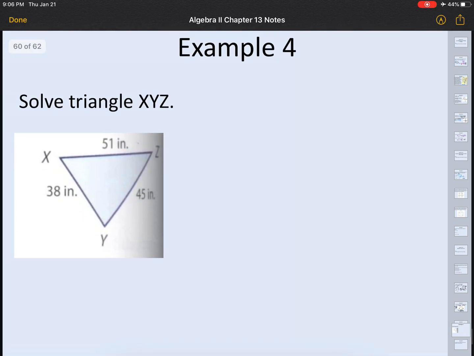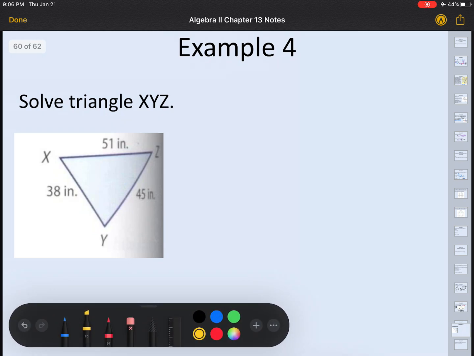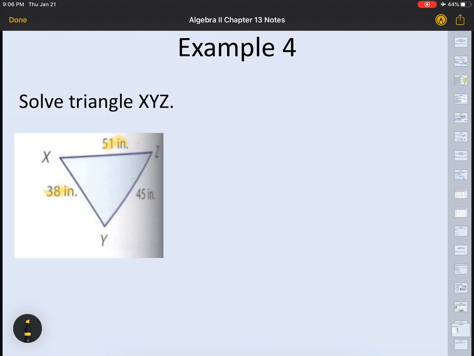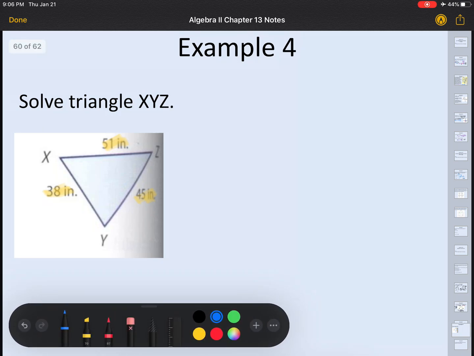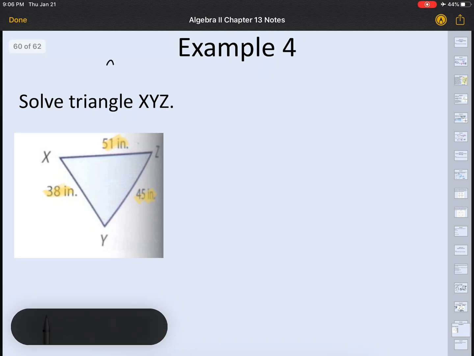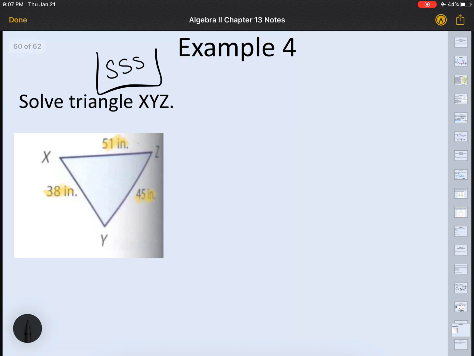All right, in example 4, we're going to do the same thing. So now we know all three sides. So this is again a side, side, side. Okay, so since we know all three sides, we're going to try to figure out some of the angles.